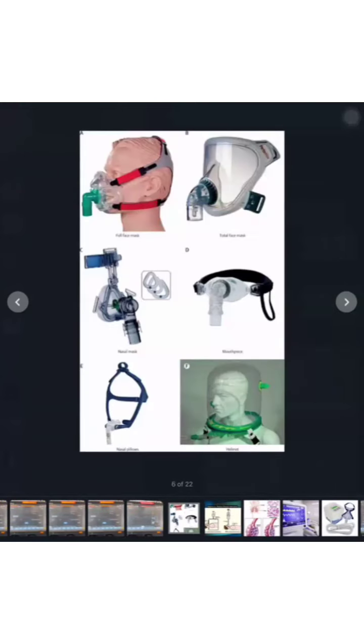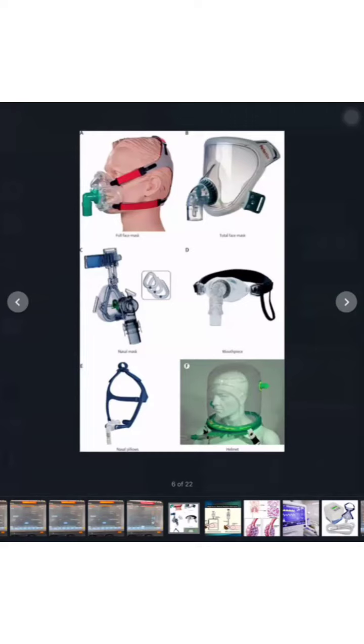So these are the various types of CPAP mask available in the market. The first one is the face mask, which is most widely used in most ICU setups. The second one is the total face mask. In this, we are covering the eyes as well. To increase and complete the delivery of support, we use the total face mask, but we need to pad the eyes. The third one is the nasal mask.